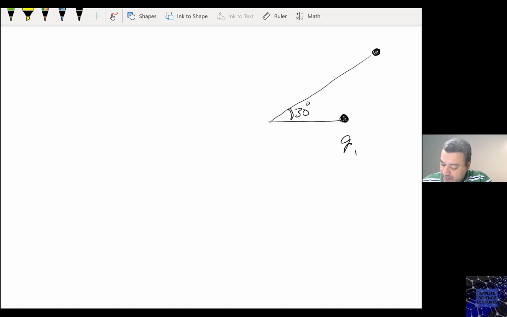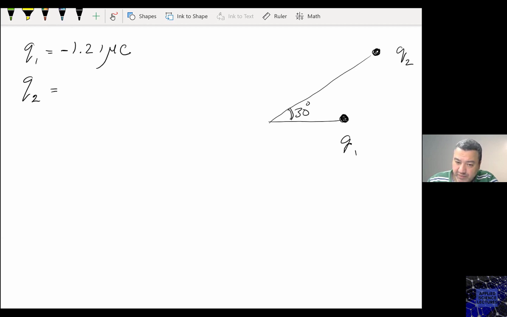Q1 is negative, minus 1.21 microcoulomb, and Q2 is positive 3.4 microcoulomb.